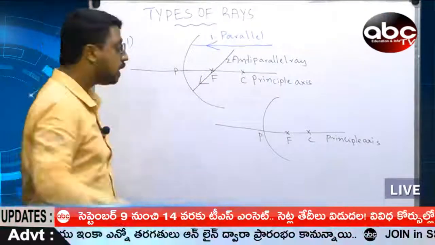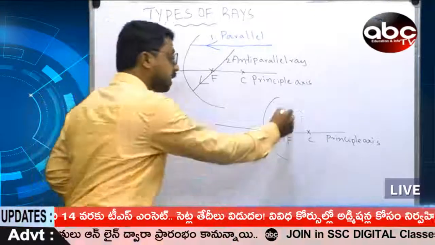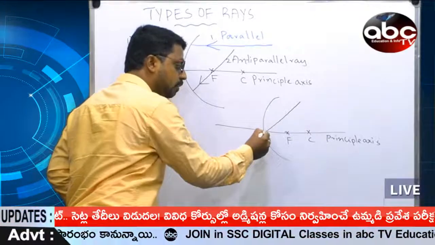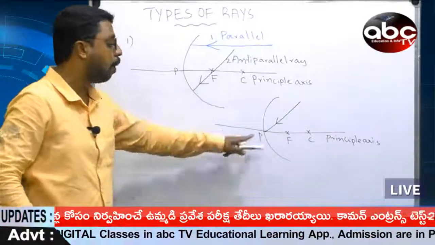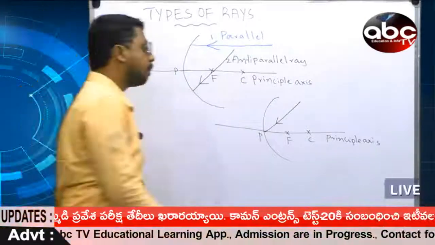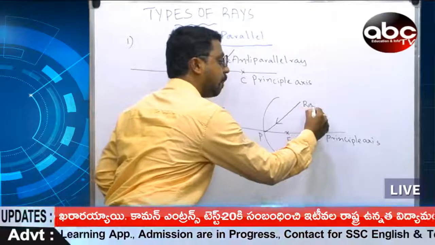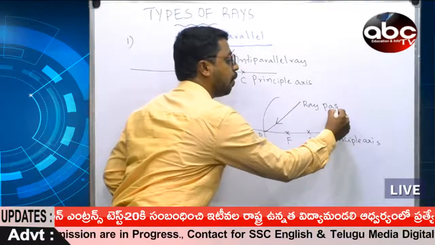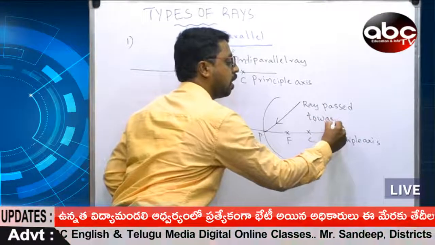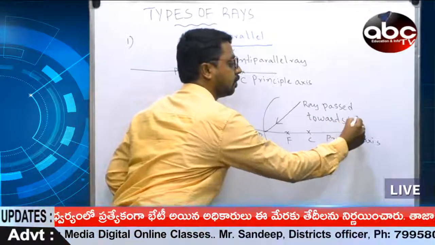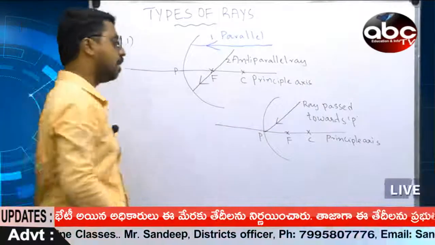The third one is exclusively important: the ray passing through the pole. The ray passed towards the pole. This is the third type of ray.